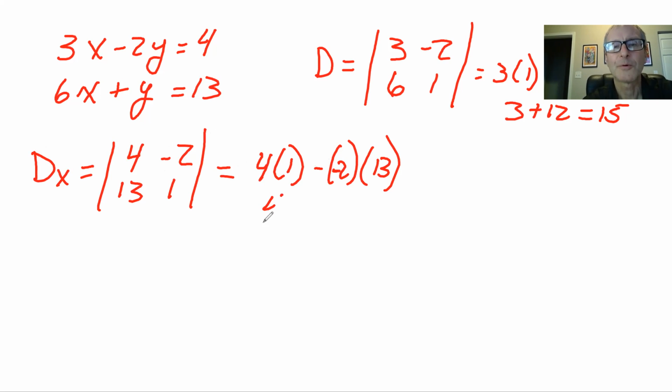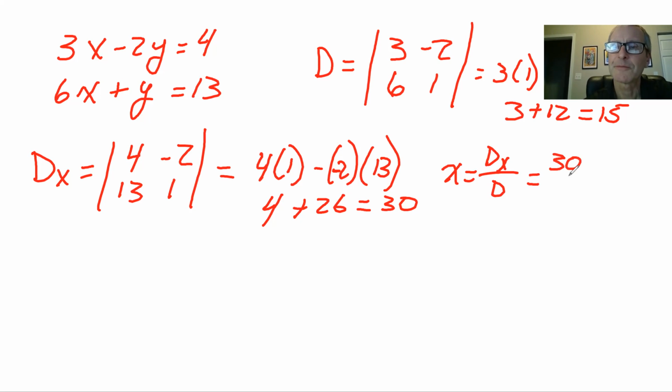So this would be 4 plus 26, and that would be 30. So you see that the x is dx over d. And so that would be 30 over 15. And that would be x equals 2. So here the elimination technique would be a lot easier when you end up with integers.